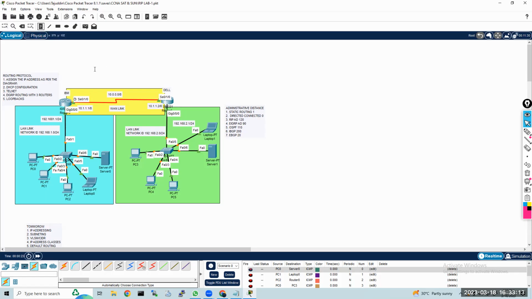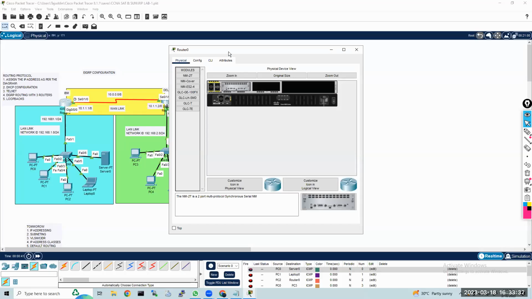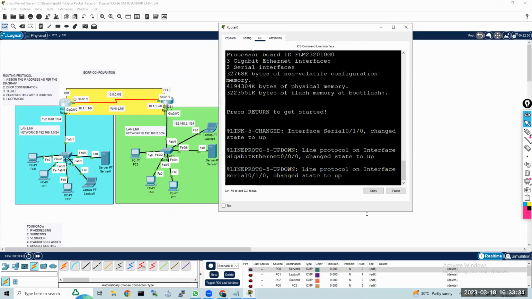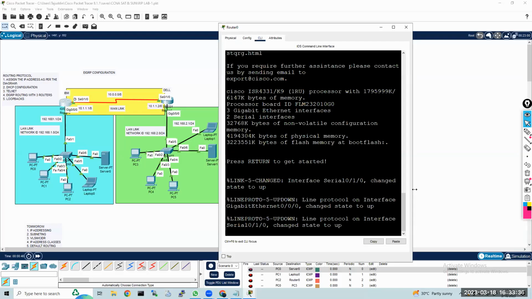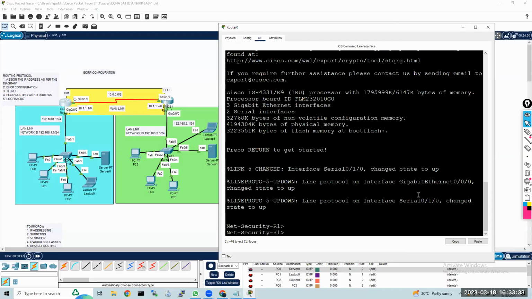Let me write down the heading. Okay, so let's configure. The configuration is quite easy. It's not much complicated.